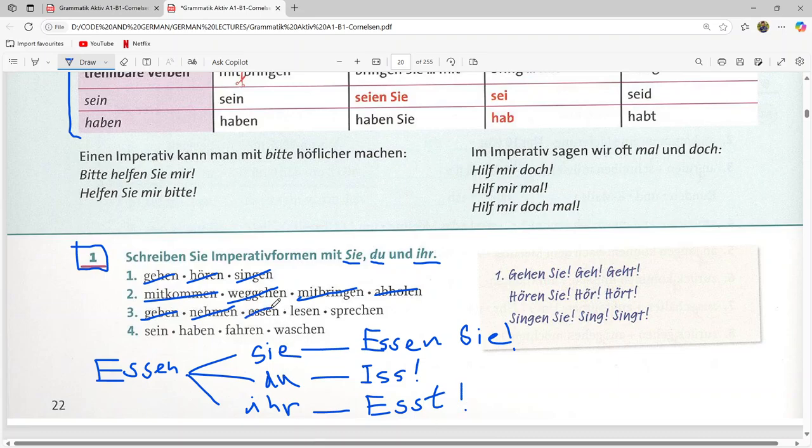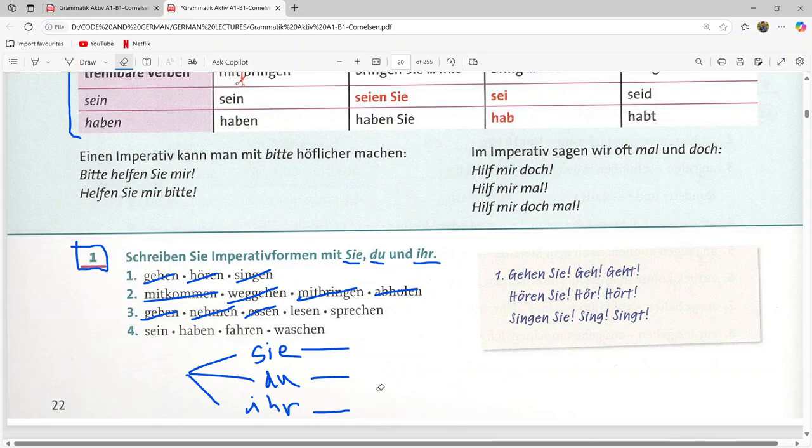Okay, next verb is lesen. Let's do. I hope you already know the conjugations and meaning of these verbs, then it is very easy. Okay, so it is up to you to finalize your capability of your conjugations. Okay, so this verb is lesen Sie.